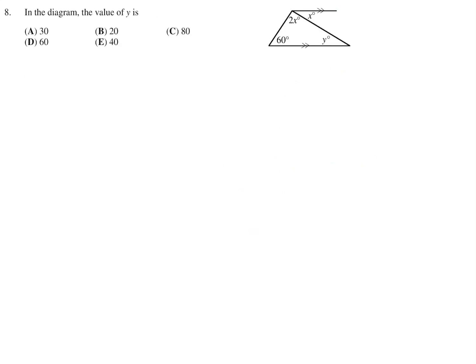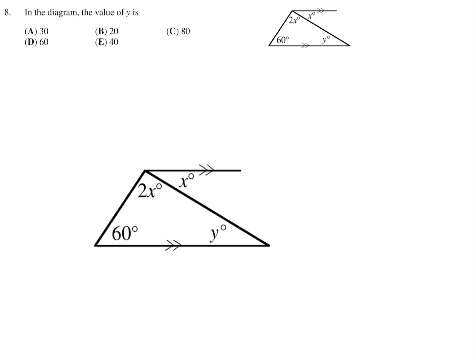In the diagram, the value of y is. So the first thing we'll do is draw this out a little bit bigger, like that. And then I'm going to extend this line here, like that. And what that hopefully will show you is that this angle is the same as this angle because these are parallel.